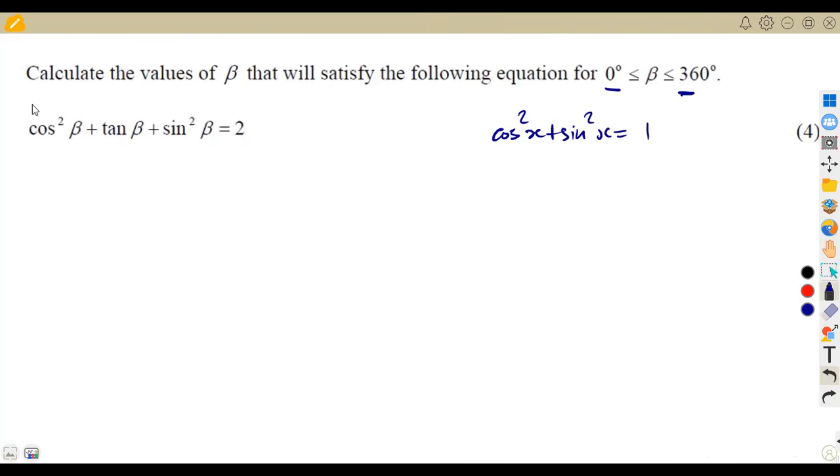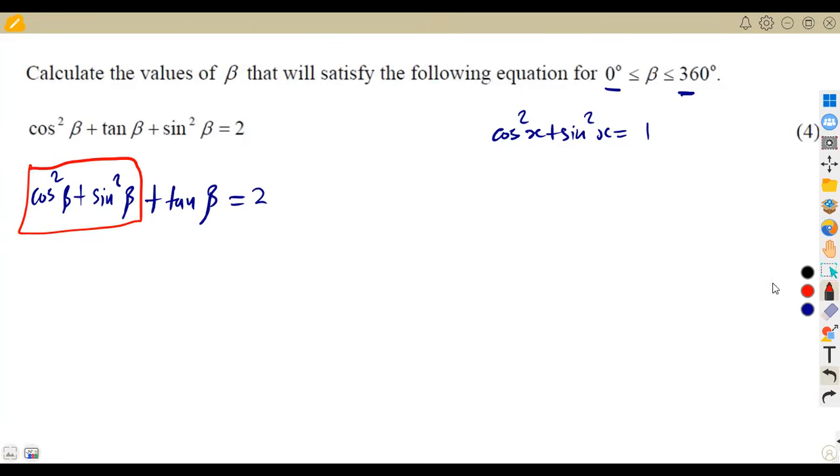So this one, cos squared and sine squared, is going to give us a 1. All right, so that means here we are going to have cos squared beta plus sine squared beta in this case plus the tan of beta by just rearranging being equal to 2. But this whole part that we see here is giving us a 1. So that means we are going to have 1 plus the tan of beta in this case being equal to 2.